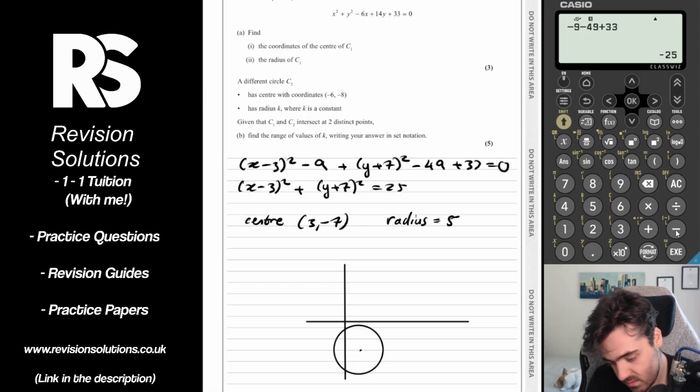A bit better. Let's just mark on the point. So that was 3, minus 7. And then we've got another circle now at minus 6, minus 8. So actually, I wanted my axes over to the left a bit more, didn't I? Let's just add that on here. So that's going to be well to the left and a little bit lower down. So that's my point there.